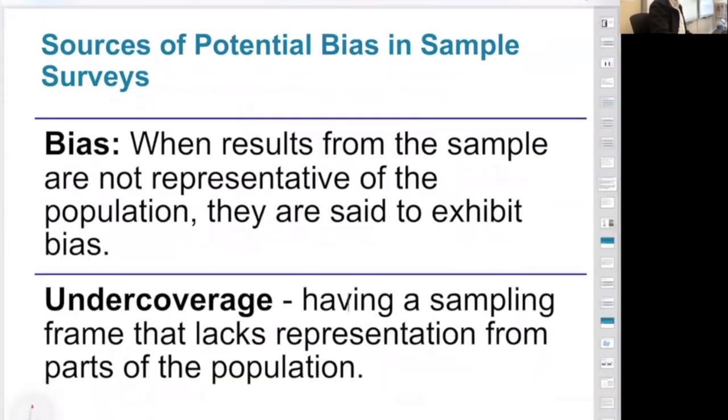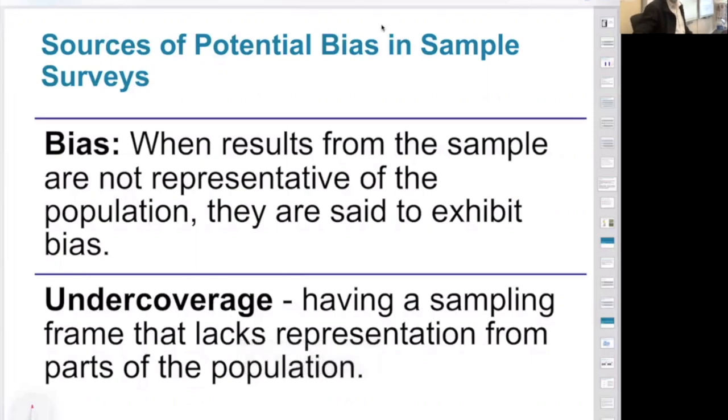Unfortunately, we have some problems with this type of method of collecting the data or sampling. The first thing is what? The bias. The bias means that your sample doesn't represent the population quite well. So we call it a bias. And also the undercoverage.